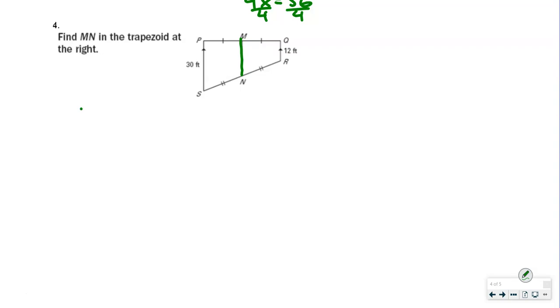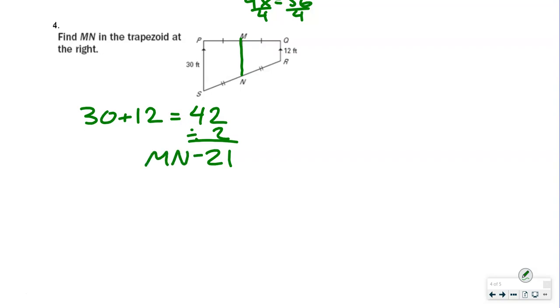We add those together, which gives us 42. Then divide by 2, because MN is half of the sum of those added together. Divided by 2 is going to give us 21. So MN equals 21 feet.